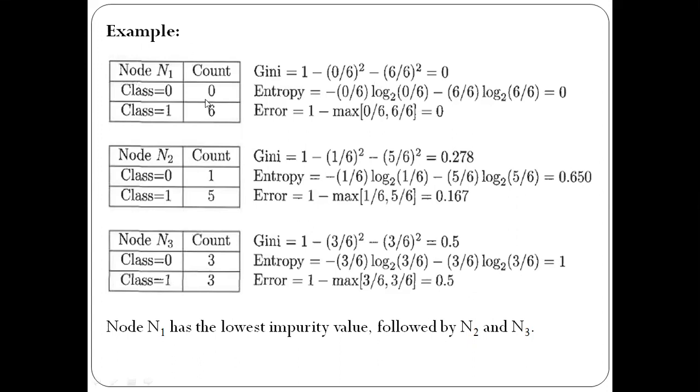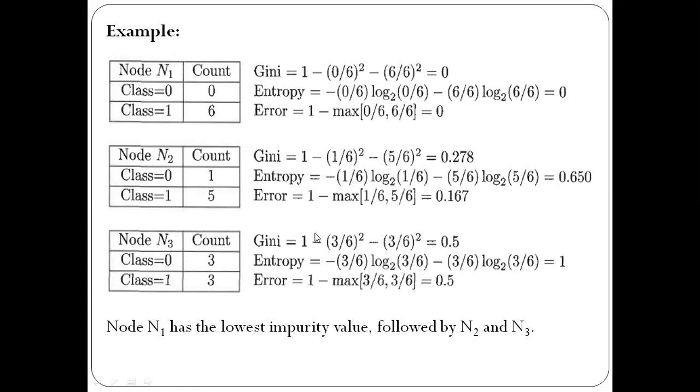Once we calculate, we need to determine which node has got the lowest impurity. Lowest impurity means the node which has got the lower values. Among these nodes, if you observe, the Gini index, entropy, and classification error values are lower for node N1 compared to node N2, and node N2 has lower values compared to node N3.